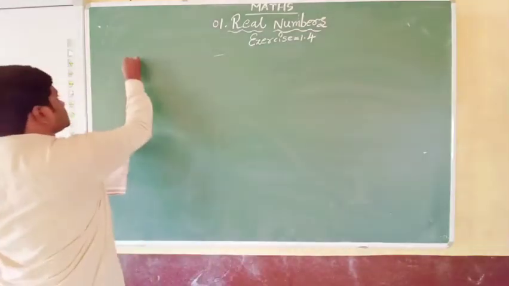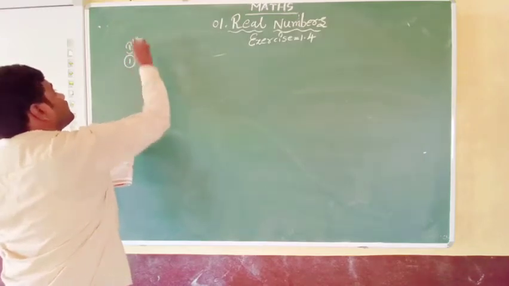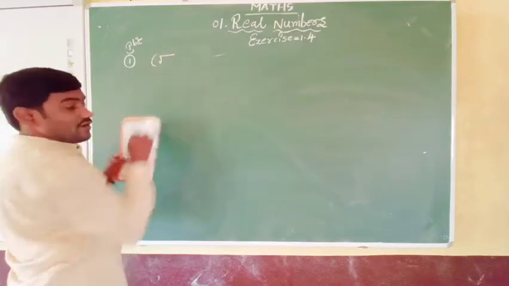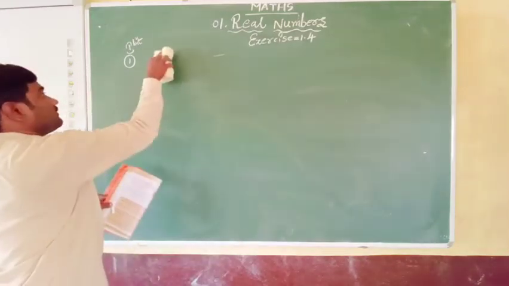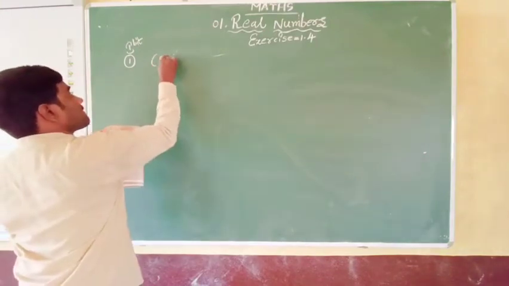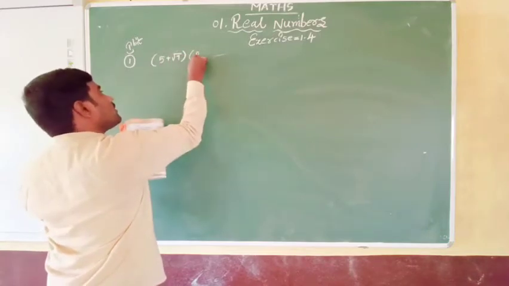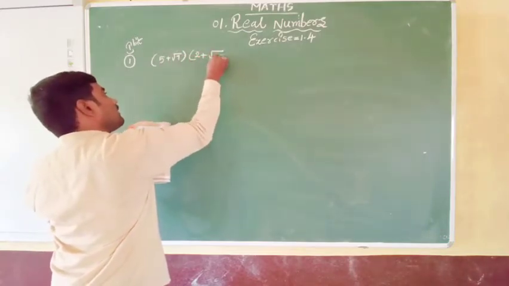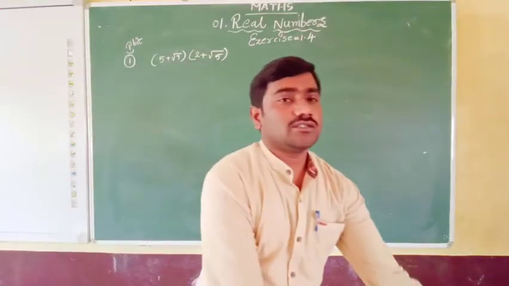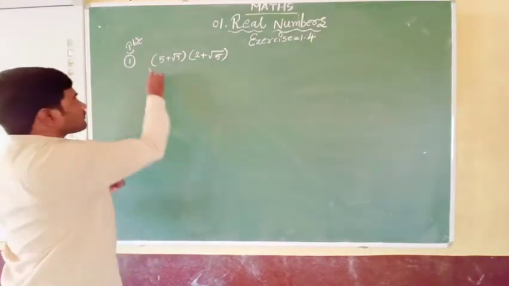The first one is (5 plus root 7) times (2 plus root 5). So let us simplify this: (5 plus root 7) of (2 plus root 5).